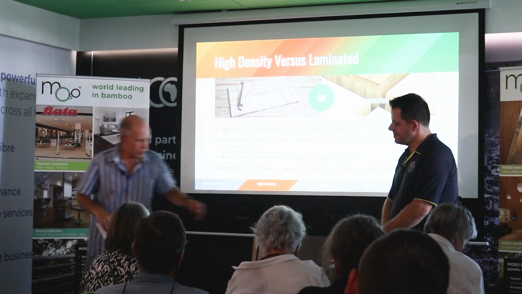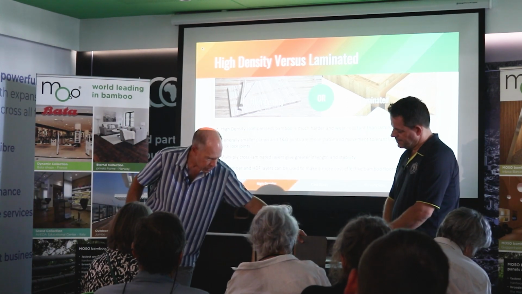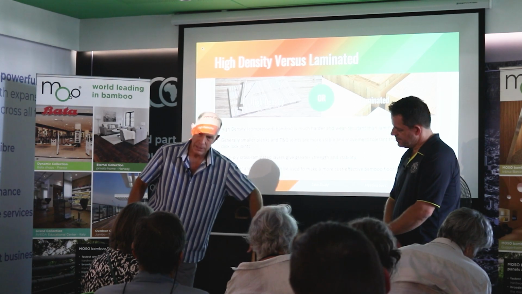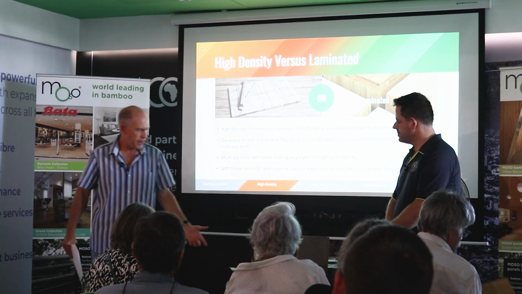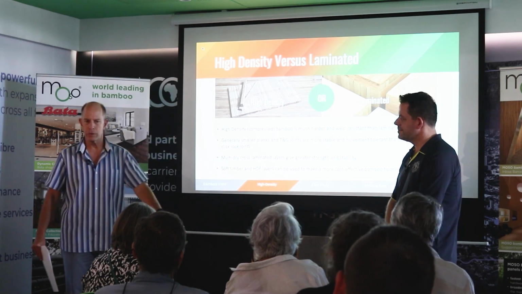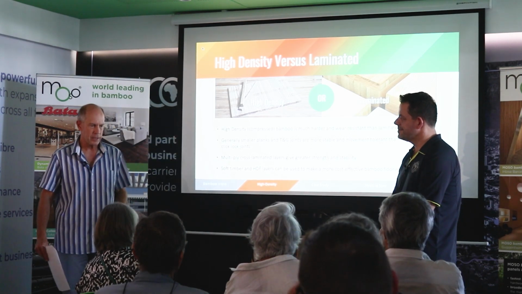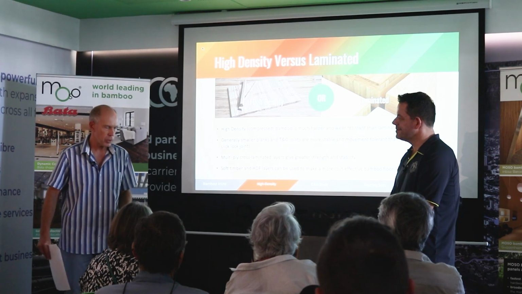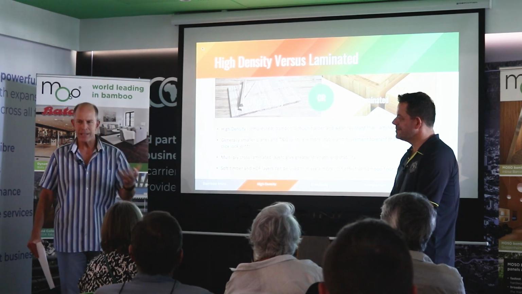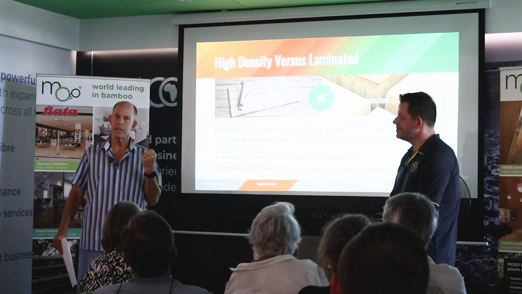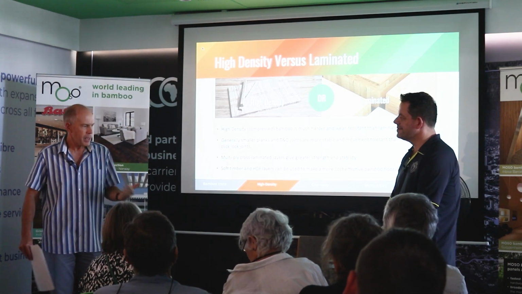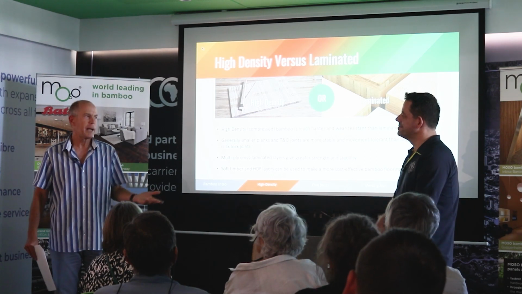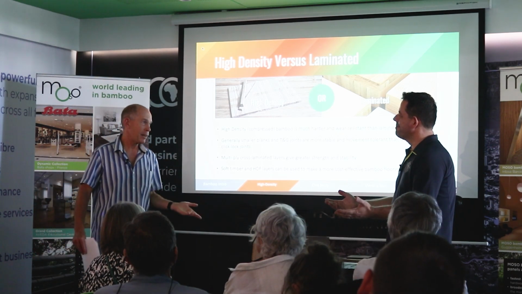As you can see from these, it's quite easy with the laminated finish to put a stain on it, so you can create customized colors that will absorb into the material more. On the high density, or strand woven, the dyes don't absorb as much into the fibers, so you get more of a surface coating. So it's more difficult to color the high density boards.